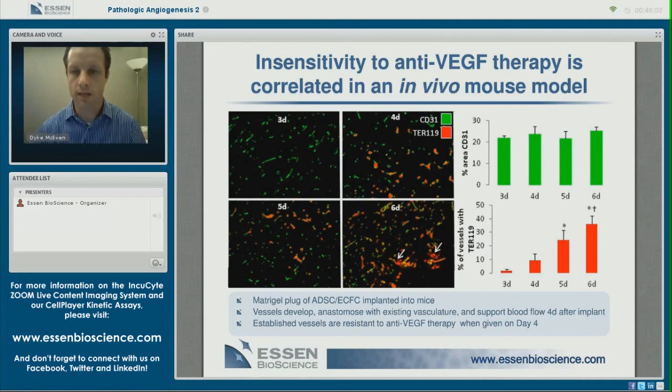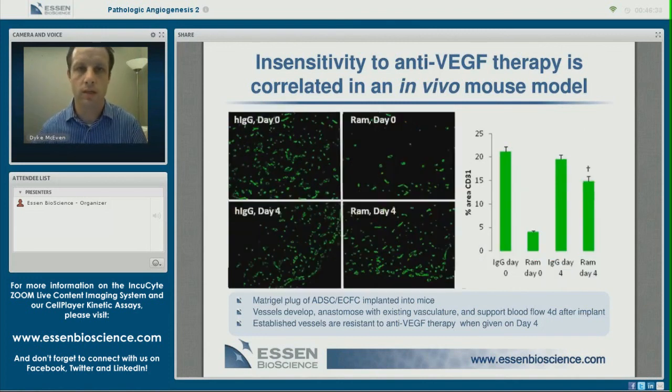And you can see at day 4, we start to see TIR119 staining that increases by day 5 and then again increases further by day 6, indicating that the vasculature that is developing in these mice is able to support blood flow. The arrows on day 6 show that there is some hemorrhaging that is developing. So the vasculature does tend to become leaky, but it is a functional vasculature nonetheless that is able to support blood flow.